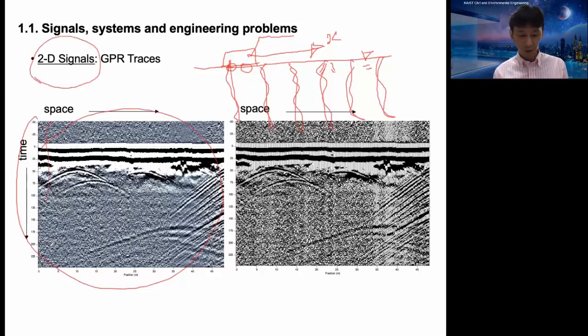So each signal at one location is superposed, overlapped in space, and this becomes an image, what we call the 2D signal. So a 1D signal is the one like this.